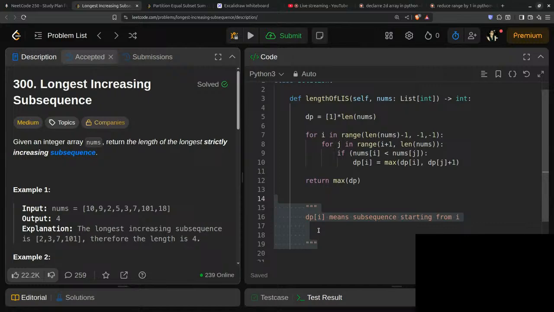Let me try to rephrase it. Instead of using 2D array, we can just store max length possible if I is included.